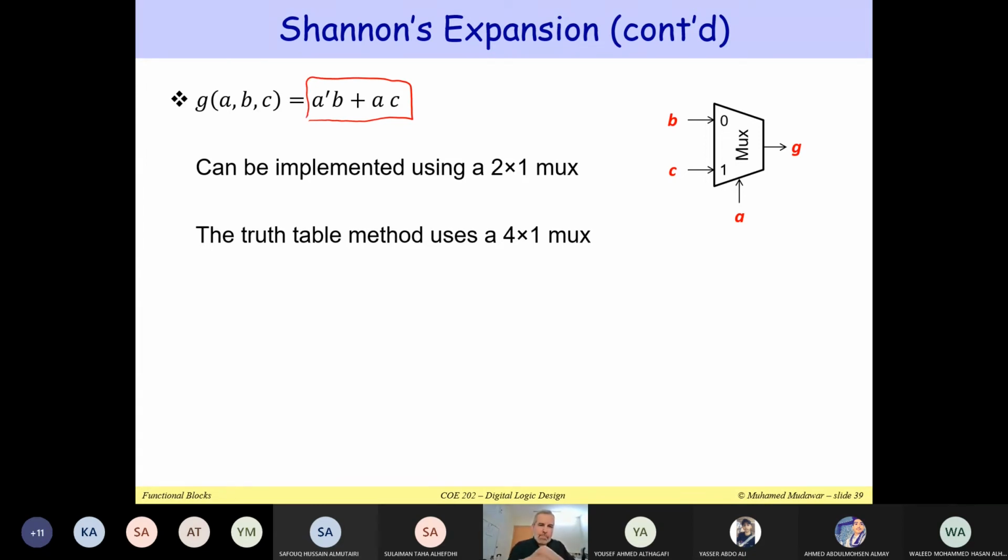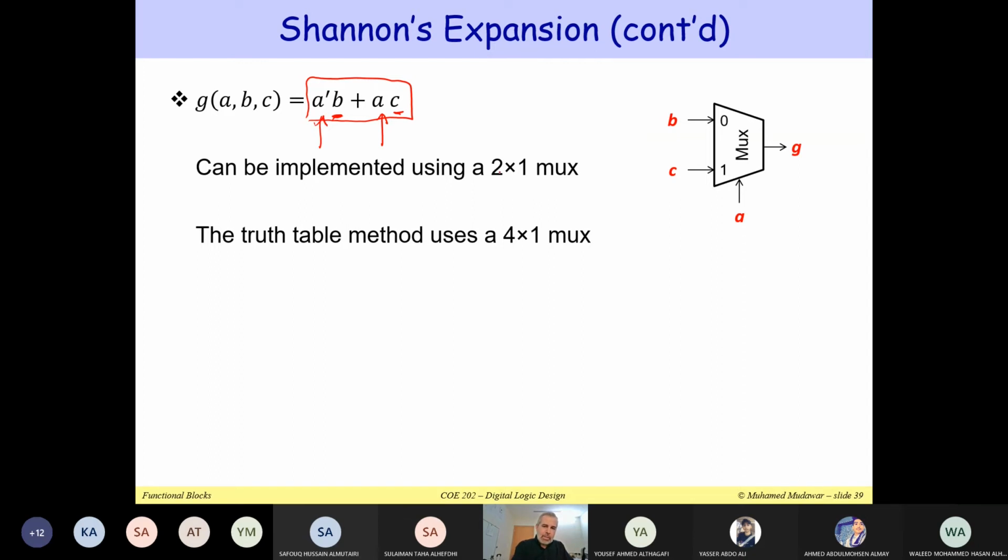Here we have a prime, and here we have a. a prime means a equal to 0, in which case we select b. And when a is equal to 1, we select c. This is why we connect b and c as the data inputs to this multiplexer. That's the idea of using a multiplexer to implement a function.